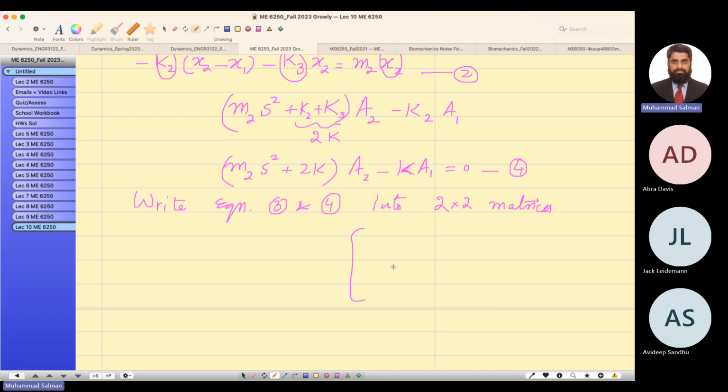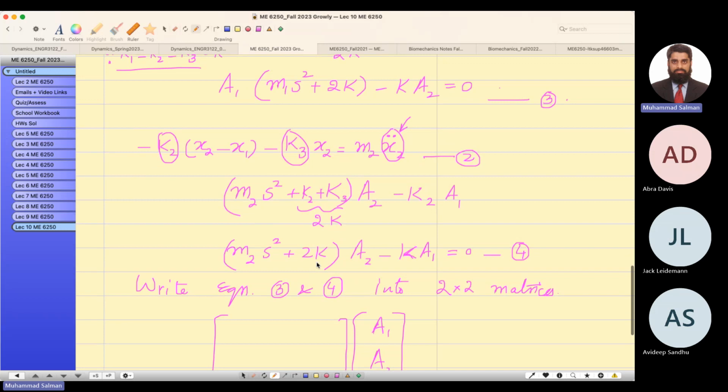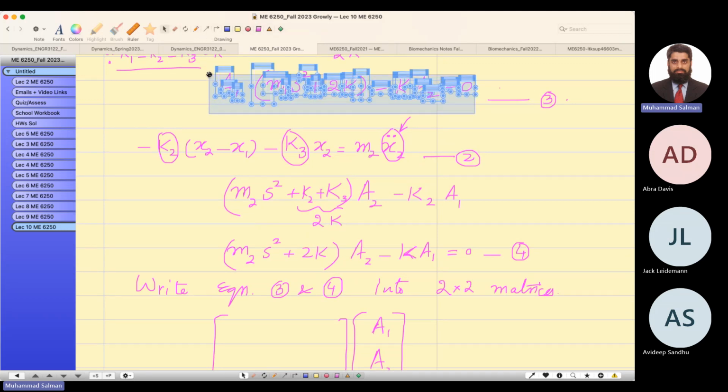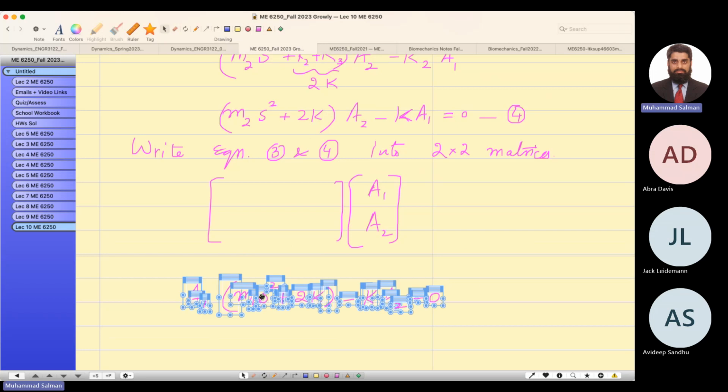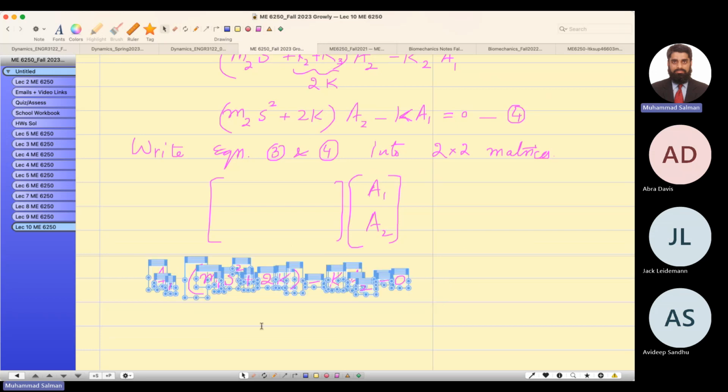Now imagine this is my vector. How can you write down equation 3? Let me show you. You know matrix multiplications. So let me grab it, this one over here. Okay, this is equation number 3.